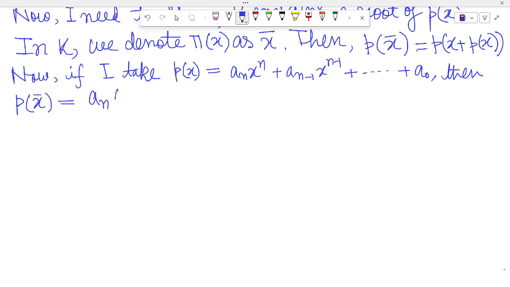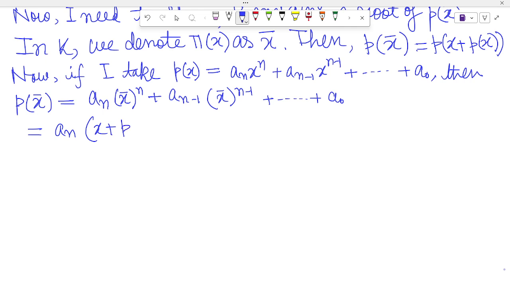That is a_n x plus the ideal, everything will be there, a_0. That means a_n x plus the ideal.